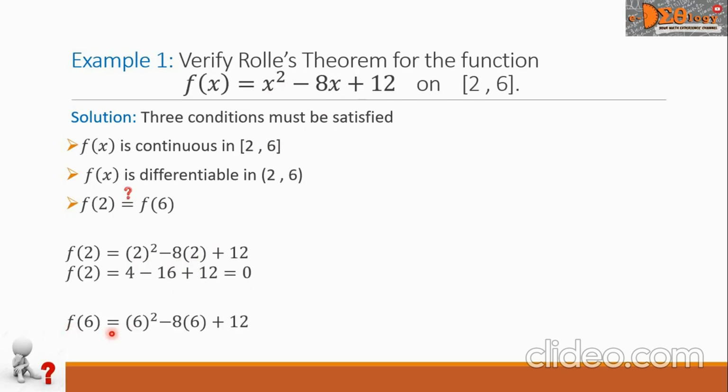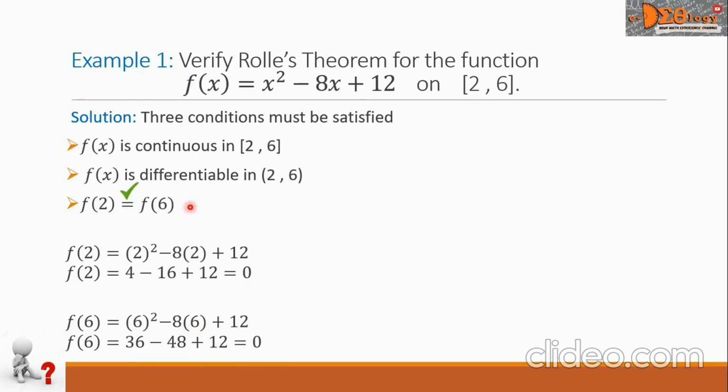This is equal to 6 squared minus 8 times 6 plus 12. 6 squared is 36, minus 8 times 6 is 48, plus 12. To simplify, the final answer here is 0. We are able to show that f of 2 is equal to f of 6. Both are equal to 0. So the third condition is satisfied.